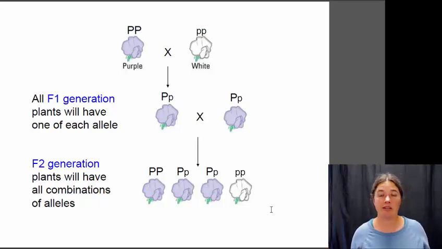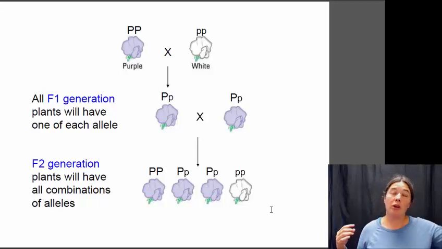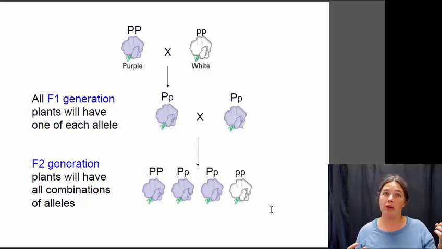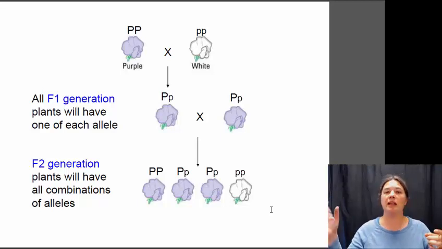That stands for filial 1. Filius is the Latin word for son, as in your child. So the F1 generation will all get 1 allele from mom and 1 allele from dad. Since mom only has big P and dad only has little p, every offspring in that cross is going to be big P, little p, right?